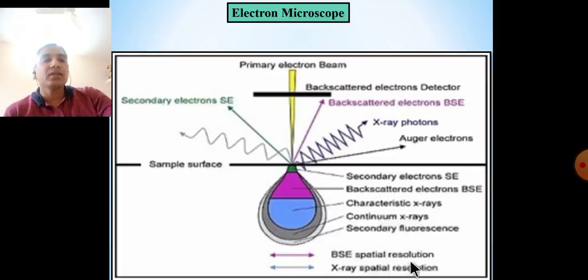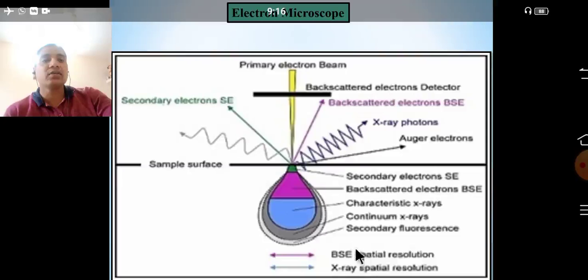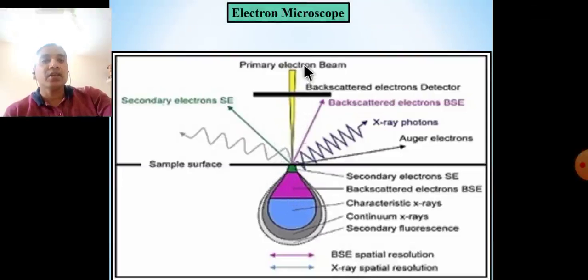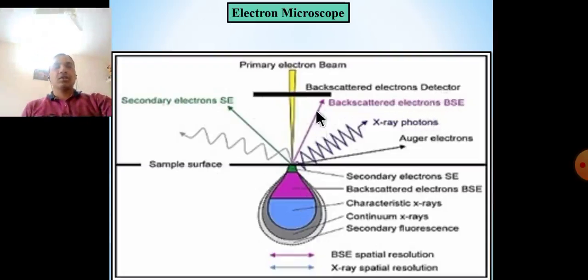There are the backscattered spatial resolution and the X-ray spatial resolution. Most of the electrons pass through the sample surface, and the backscattered electrons are reflected back to the electron detector. This is the working of the scanning electron microscope.